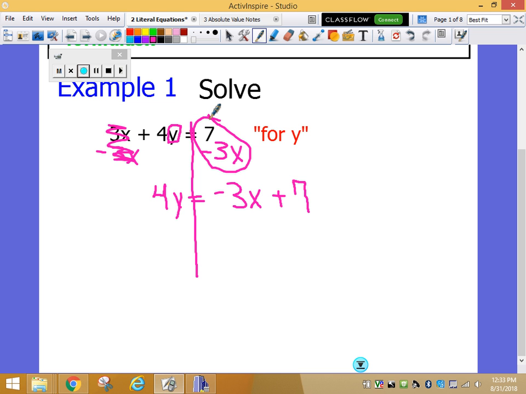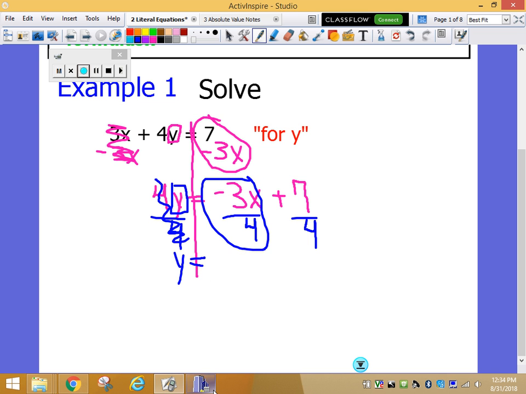Okay? I'm still not done though, because y, here's y, is still not by itself. It's got a 4 with it. So I want to move that 4. The opposite of multiplying is dividing. I'm going to divide by 4. So these 4's cancel. Here, we're going to do this division in our calculator.